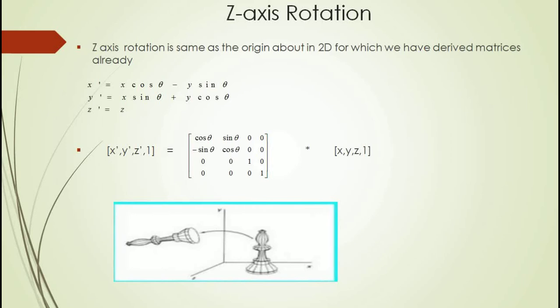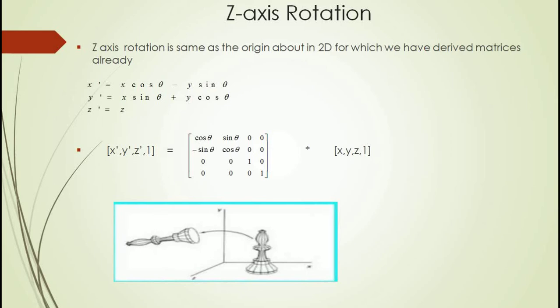In 2D we have two different transformation matrices, one for clockwise rotation and another for anti-clockwise rotation. If you want to rotate a 2D point, x, y, only 2 coordinates, by angle theta in the anti-clockwise direction, then the transformation matrix will be cos theta, sin theta, minus sin theta, cos theta.